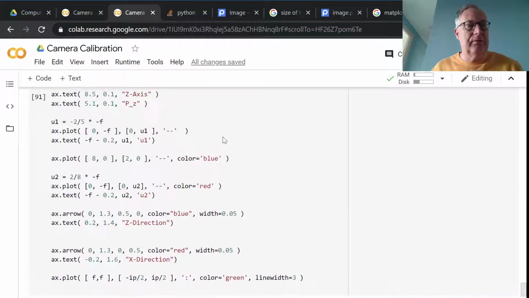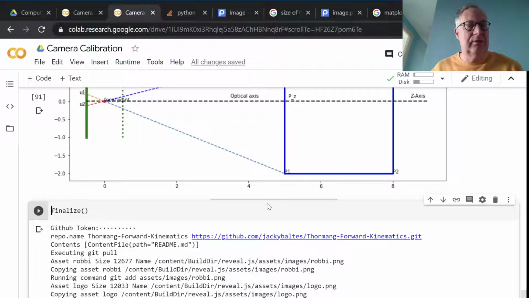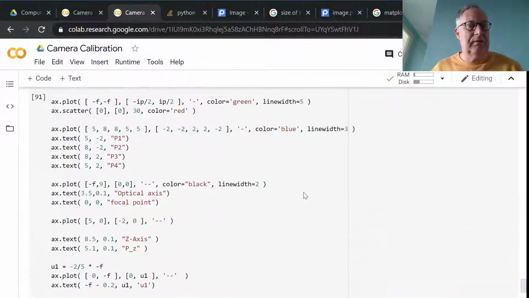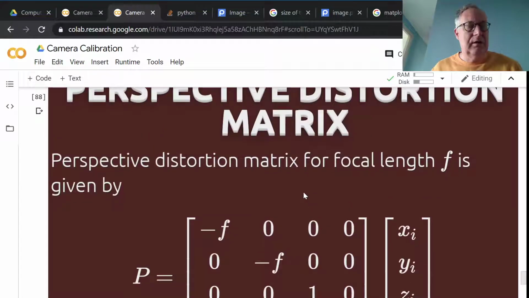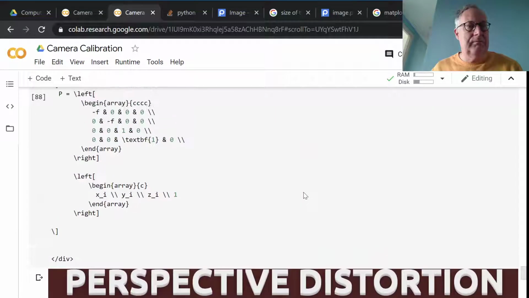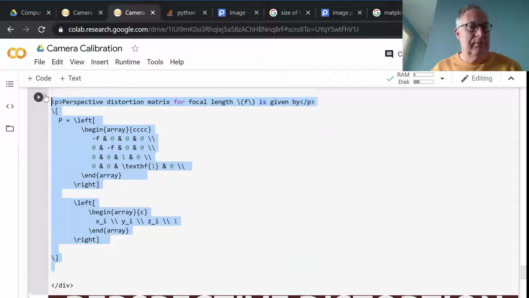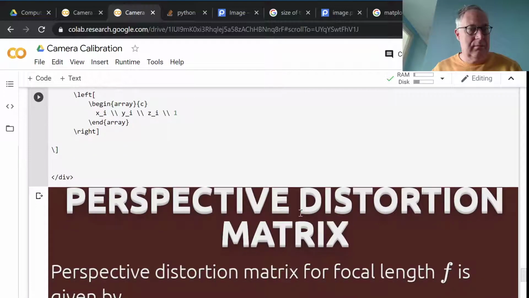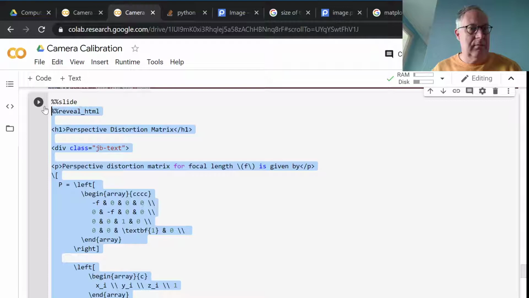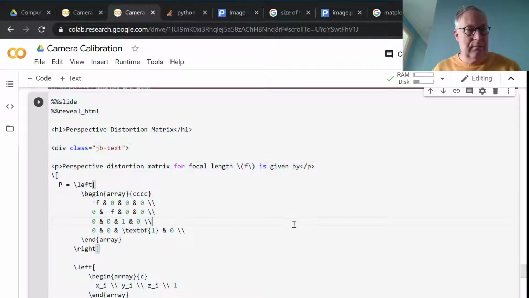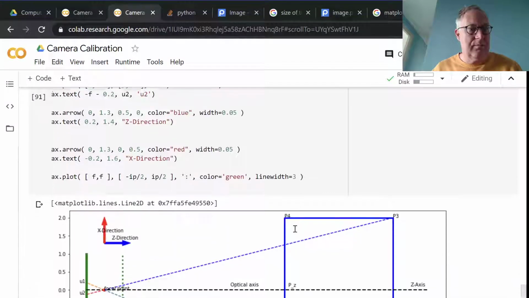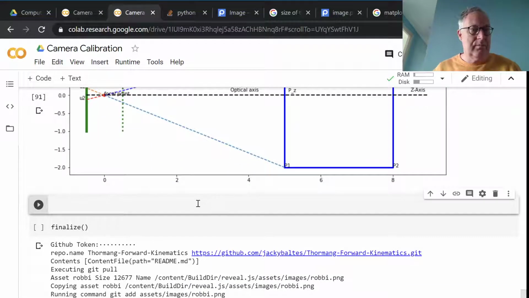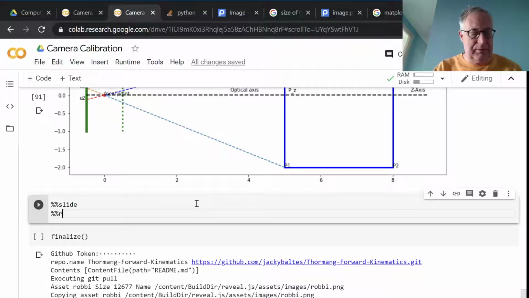So sometimes when you see the perspective transformation matrix, you also get an alternative representation.